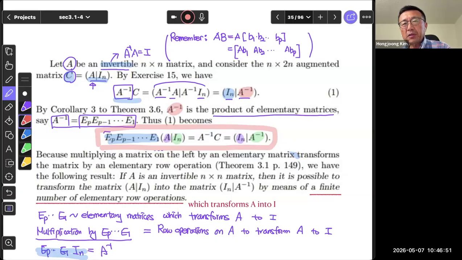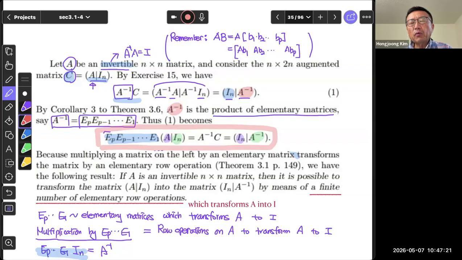But what if A is not invertible? Then we cannot find such elementary matrices E1 up to EP which transform A into the identity matrix, right? What is the meaning of a non-invertible matrix?